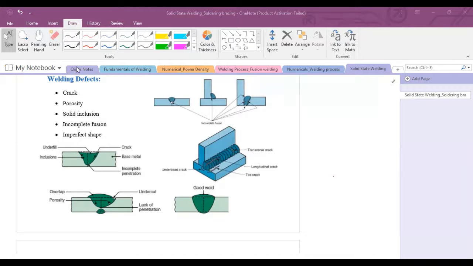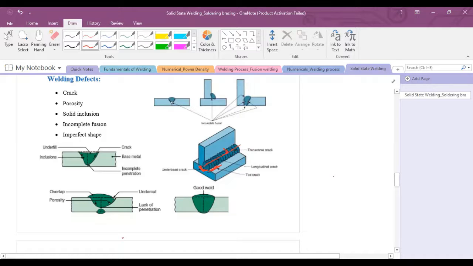As you see here, these are the cracks: longitudinal cracks and toe cracks. Longitudinal cracks are in the axial direction of the bead. Transverse cracks normally are in the perpendicular direction of the bead. Toe cracks will form just on the top of the base metal, and the under bead crack will form under the bead here.